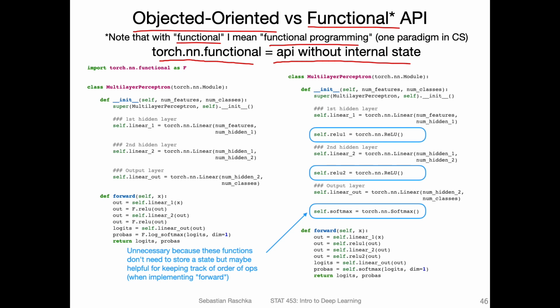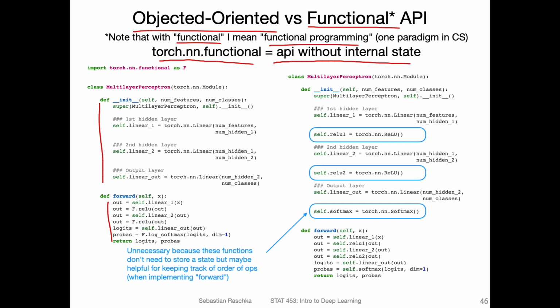What that means is, if you take a look at the left-hand side here, this is the perceptron that I showed you earlier in this video, where we define the parameters in the init constructor, and then we call these things.